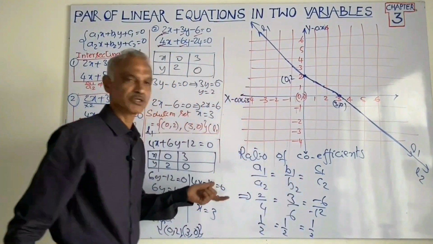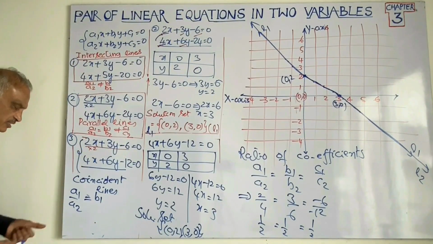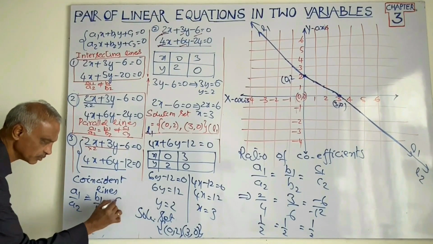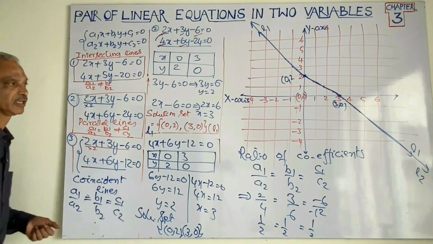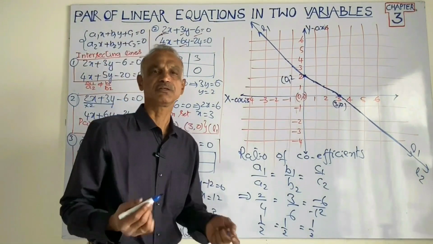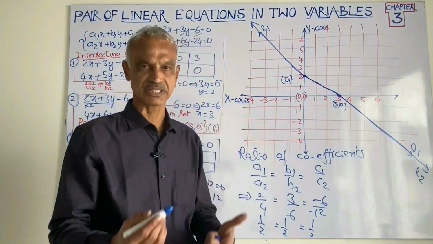What is the ratio of coefficients? a1 by a2 is equal to b1 by b2 is equal to c1 by c2. If a1 by a2, b1 by b2, and c1 by c2 are equal to each other, then they are coincident lines.